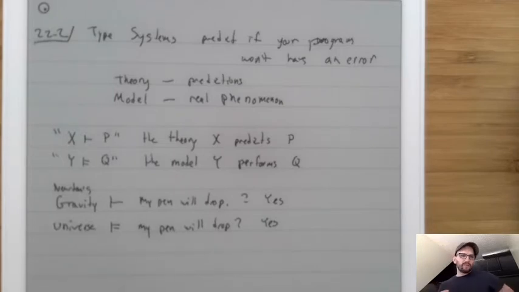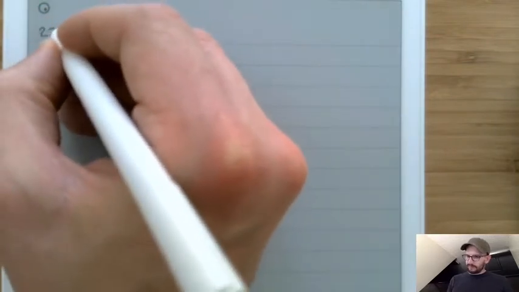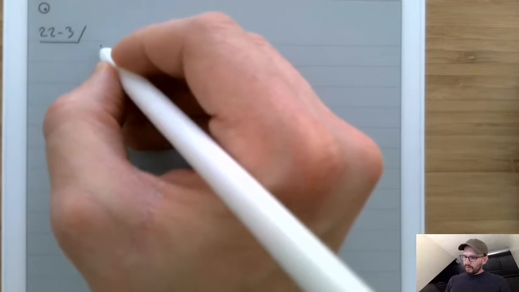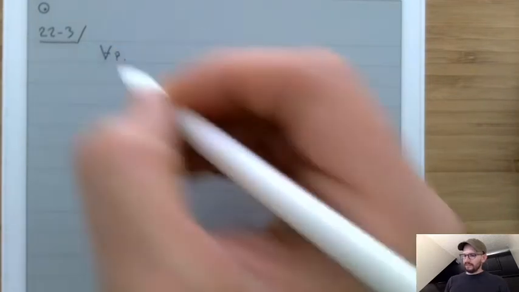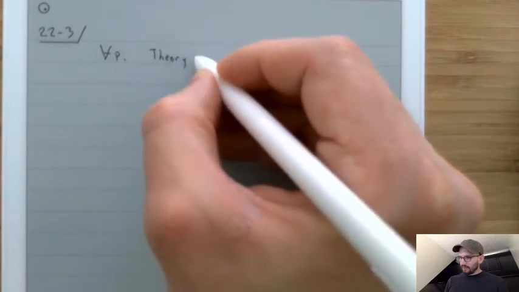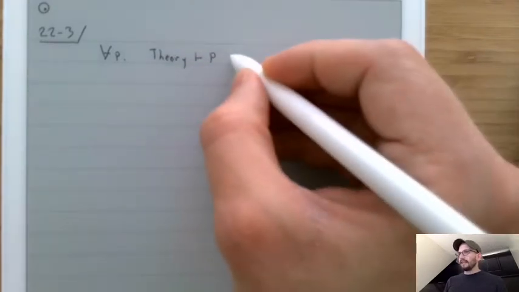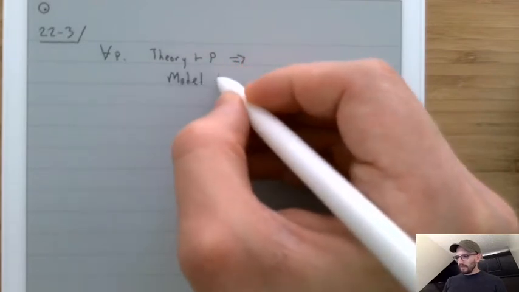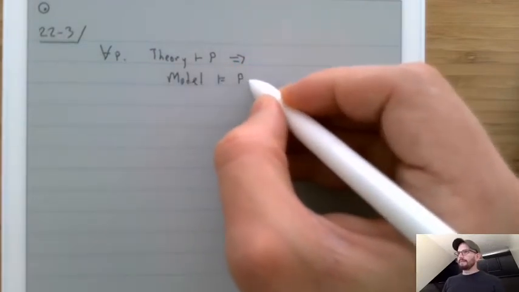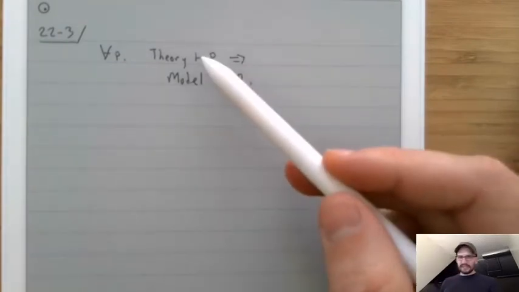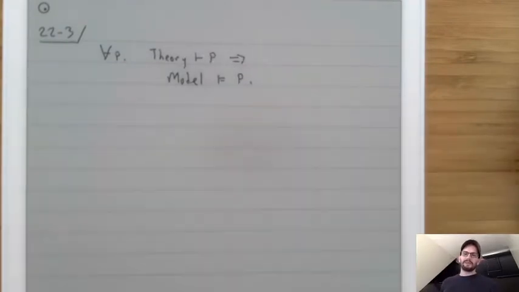Now there are two different ways in which theories and models can agree. The first way would be when for all P, if a theory predicts P, then that implies that the model will actually exhibit P. So what this says is that if gravity predicts something, then it will actually happen in the universe.